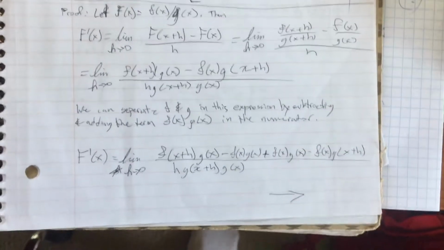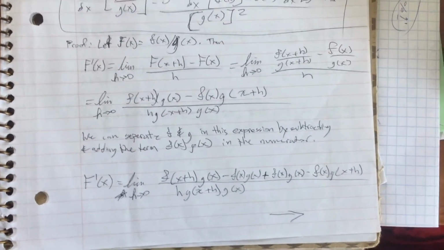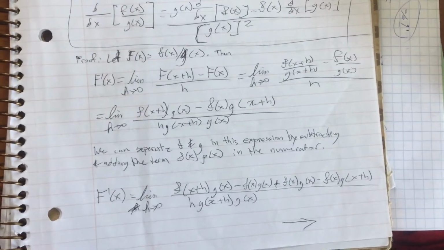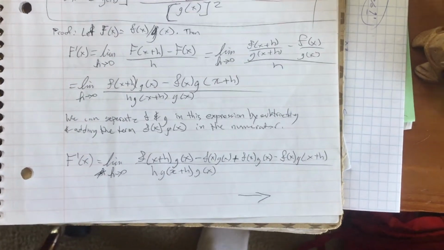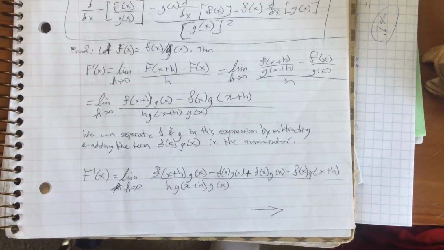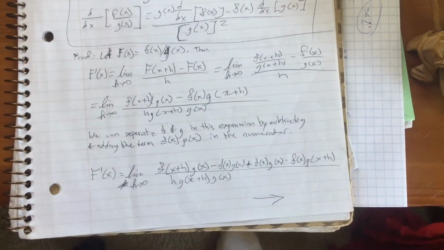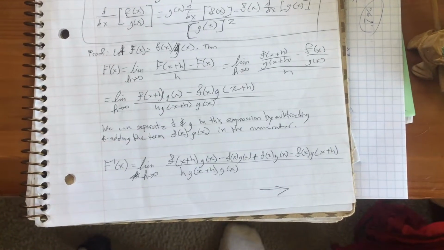So we're going to let F of x equal f of x over g of x. Then we're going to have F prime equals the limit of F of x plus h minus F of x all over h as h approaches 0. Then it breaks down into the limit of f of x plus h over g of x plus h minus f of x over g of x, over h as h approaches 0.